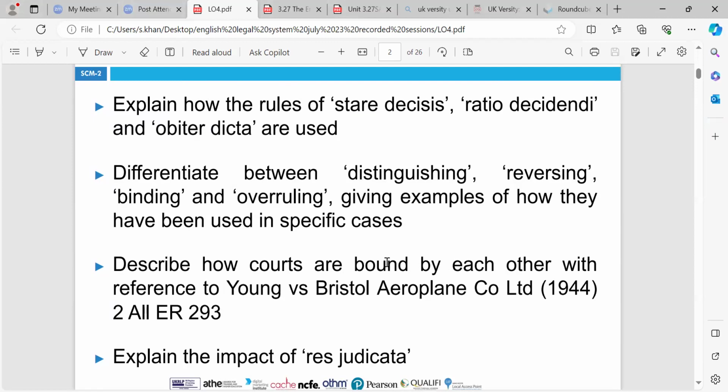Differentiate between distinguishing, reversing, binding, and overruling, giving examples of how they are used in specific cases, and describe how courts are bound by each other with reference to the case of Young v Bristol Aeroplane Company Limited, 1944, and explain the impact of res judicata.